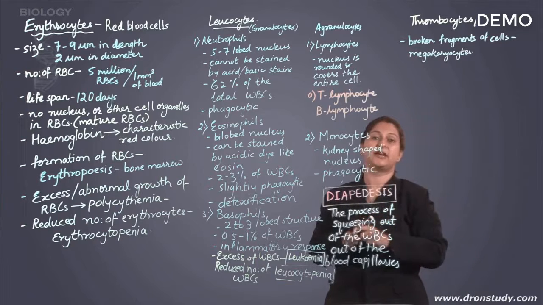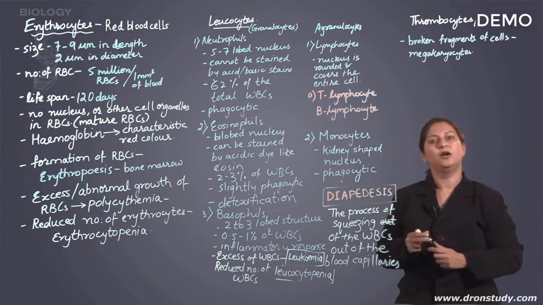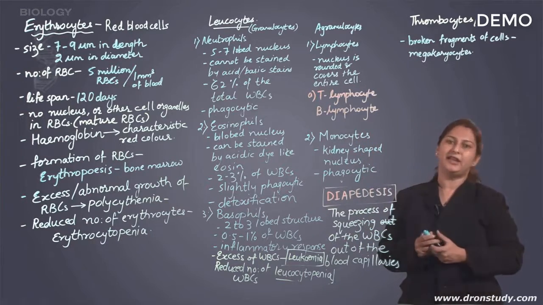These megakaryocytes again are produced in the bone marrow and they are broken.